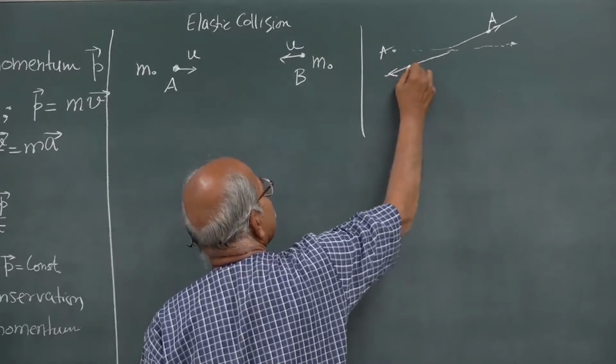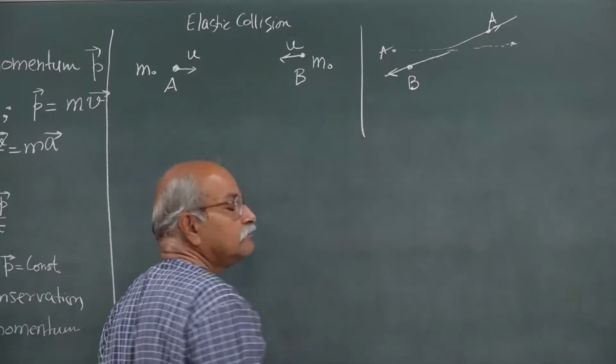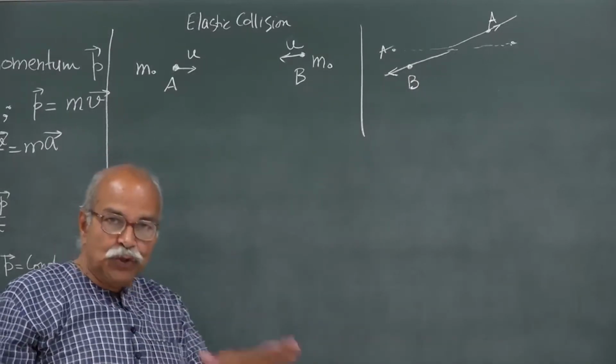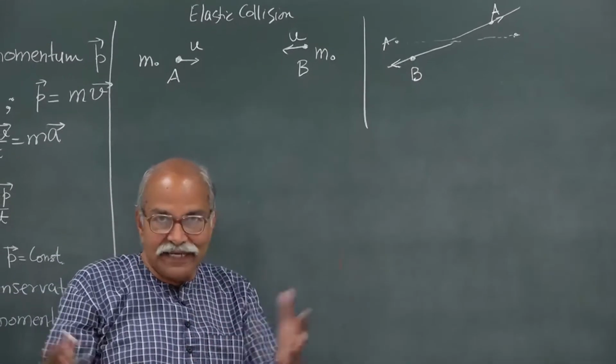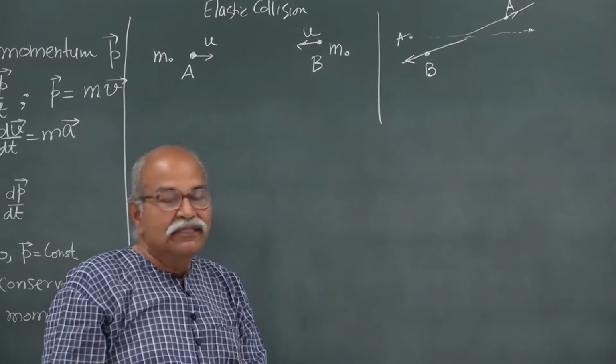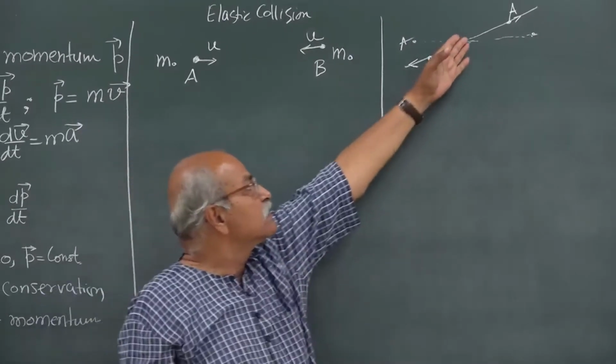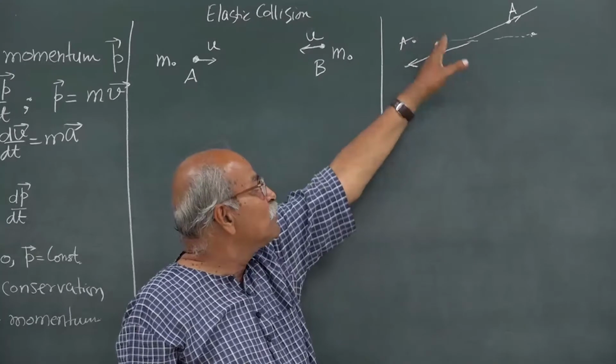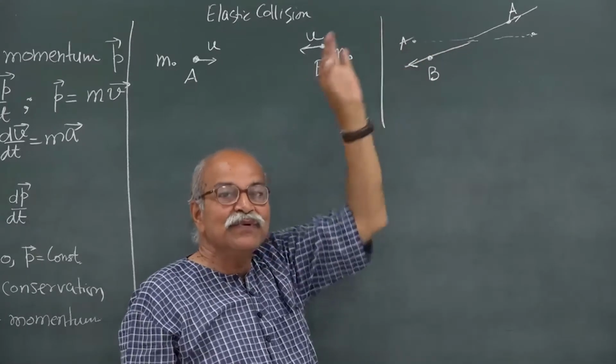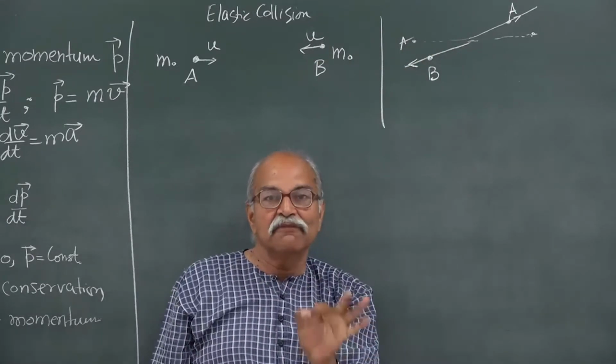So, this is B particle. We will assume that we are taking a specific example only, so we will assume that this collision is such that this y component of velocity is very small, infinitesimal of first order.